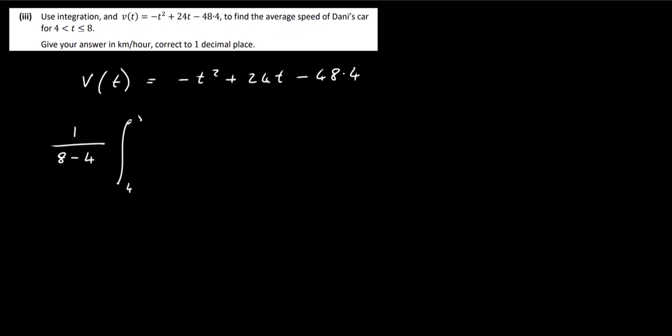You've got v of t equal to minus t squared plus 24t minus 48.4. So we use the average value formula: 1 over 8 minus 4, with limits 4 up to 8, of the integral of minus t squared plus 24t minus 48.4 with respect to t.